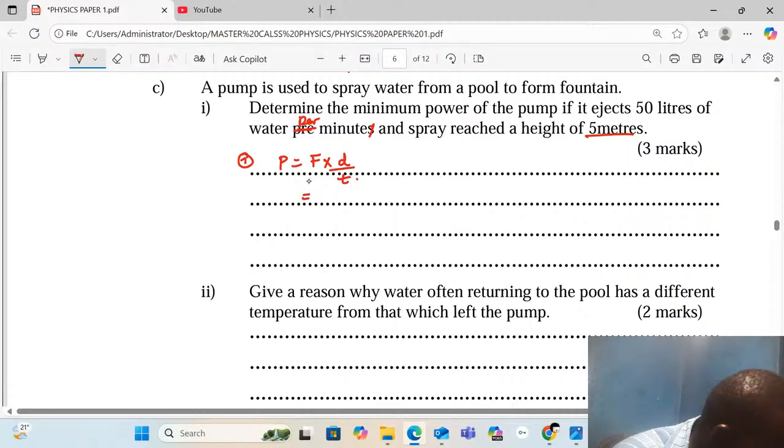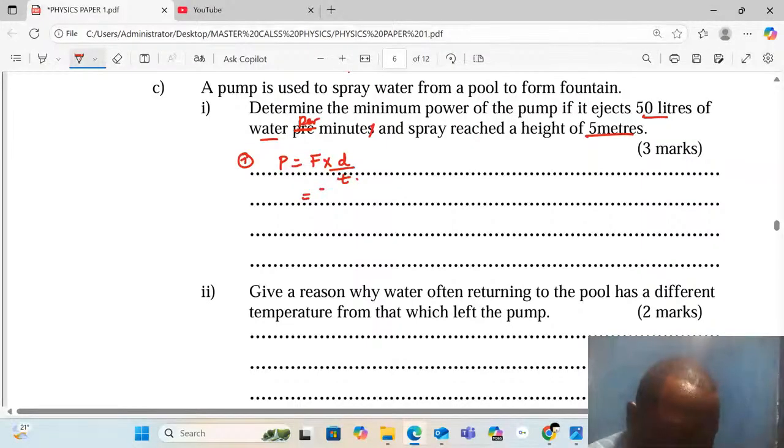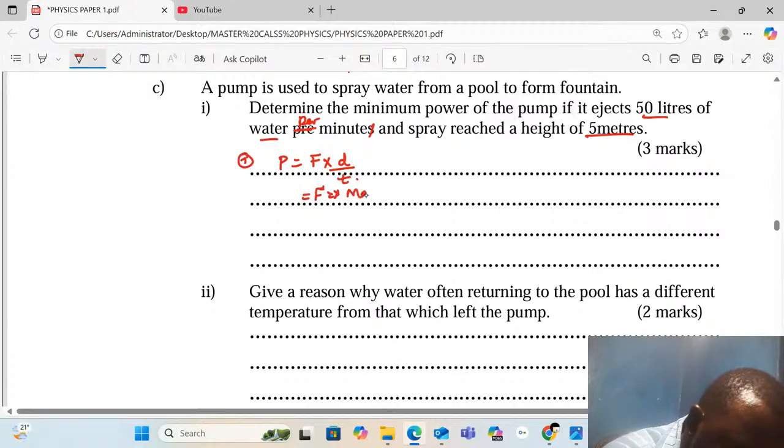So this becomes a force of 50 liters per minute. Because we're talking of water, 50 liters is equivalent to 50 kilograms. If you have to get the force or the weight of this water, then we shall make it mg. So we can say our F here is the same as mg.